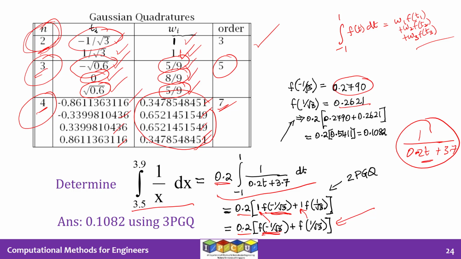Then I say the answer for the integral is 0.2 times 0.279 plus 0.2621, which gives me an answer of 0.1082, which in this case happens to match the answer that I will get using a 3-point Gauss quadrature, 3PGQ. That also gives me 0.1082. So here a 2-point Gauss quadrature was good enough.